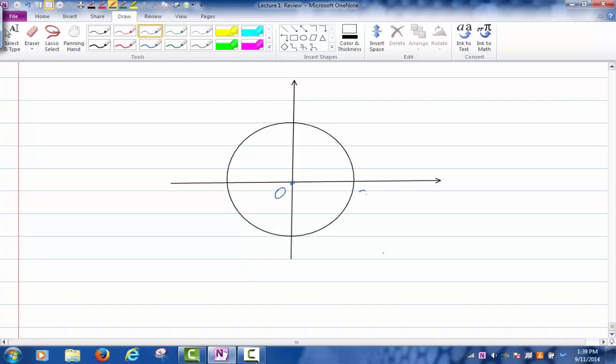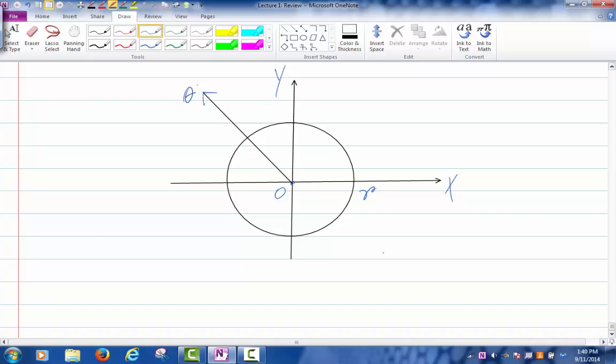So this is a circle of radius r, centered at the origin. Here's our x-axis and y-axis. So we know what an angle is from last time. So let's say I have an angle, and the terminal side of the angle is this one. Okay. So this ray is the terminal side of the angle theta.